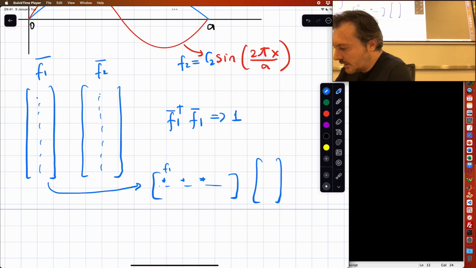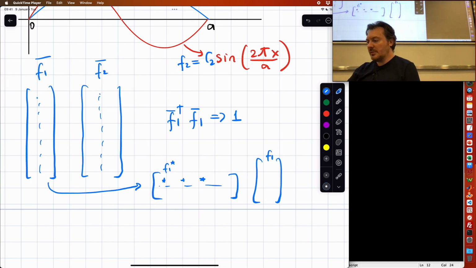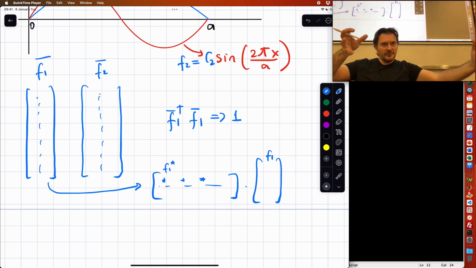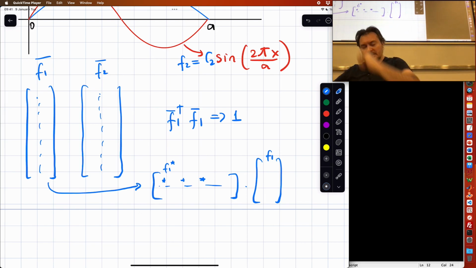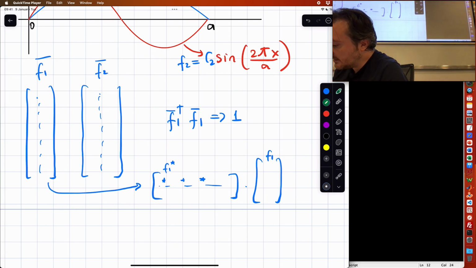So this is f1 star values and f1. So when you multiply this, what do you get? You took the function, you put it like this, you multiply it with this one, yes? You get the transpose and complex conjugate of it, multiplied with this one. So they are multiplied individually. This one with this one, that one with that one.